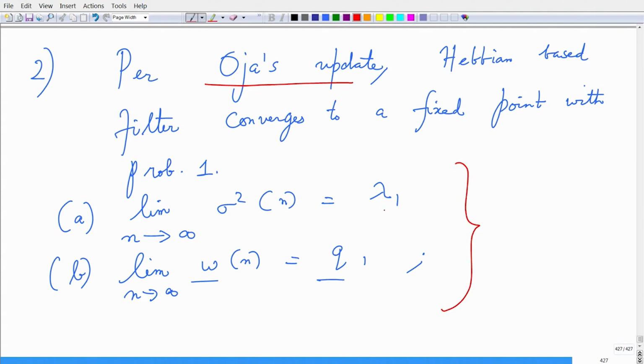The lambda 1, which is the largest eigenvalue, corresponds to the limit of this variance sigma square n as n goes to infinity, and the eigenvector associated with lambda 1 is basically what the weight vector would be asymptotically, right. So, limit as n goes to infinity, your Wn, which is your weight vector, heads to your eigenvector, and that is the summary of the maximum eigen filter, which is Hebbian based maximum eigen filter.